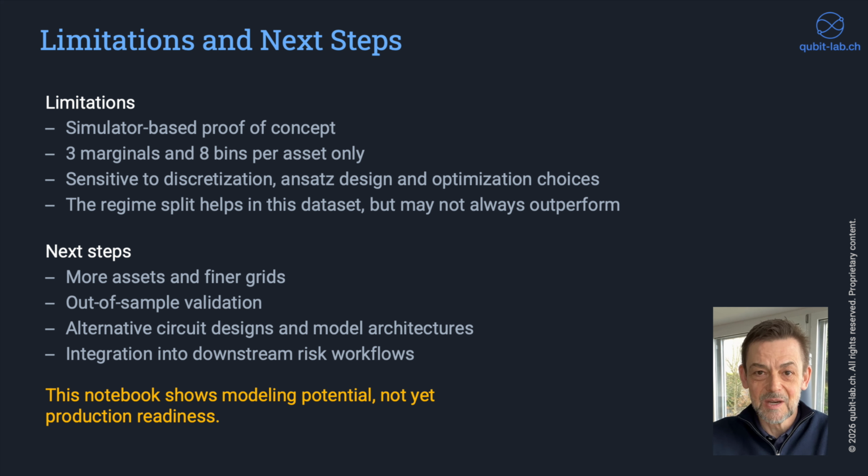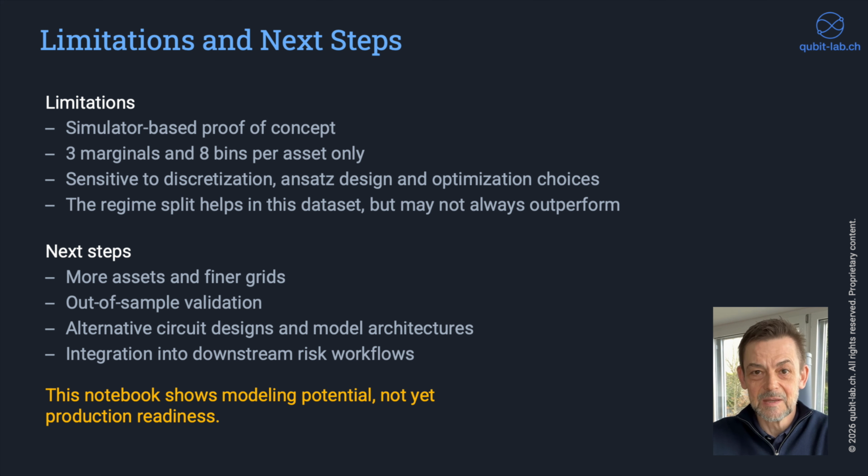The regime split helps clearly in this dataset, but it may not always outperform elsewhere, so this is not a universal claim. The next steps are straightforward: more assets, finer grids, out-of-sample validation, alternative circuit designs, and integration into downstream risk workflows. So the right reading is, this notebook shows modeling potential, not yet production readiness.